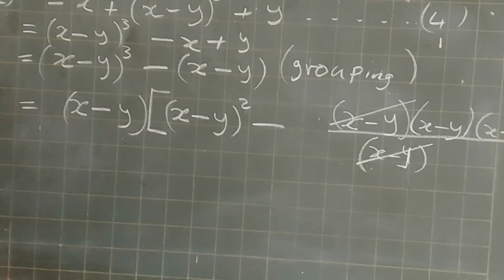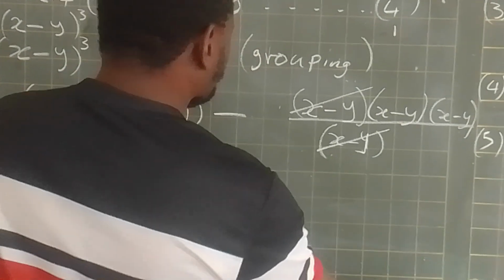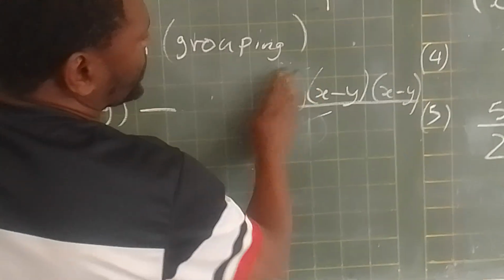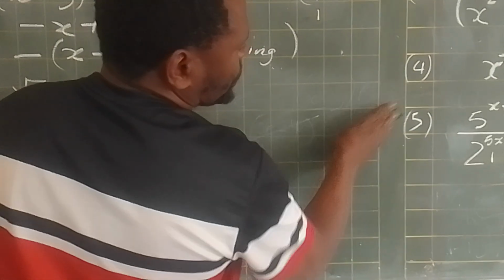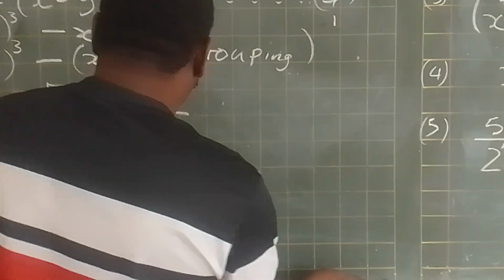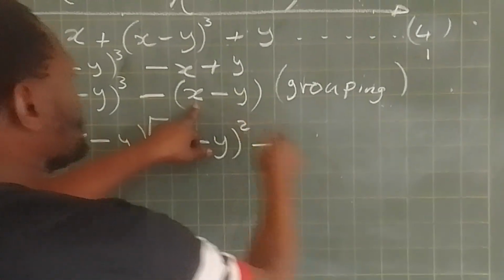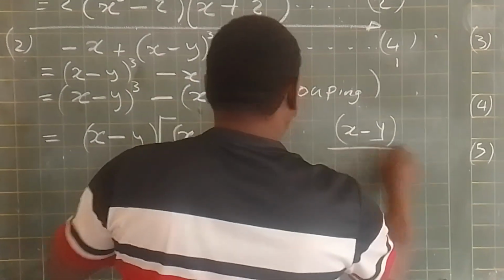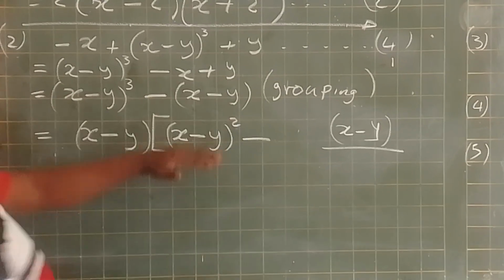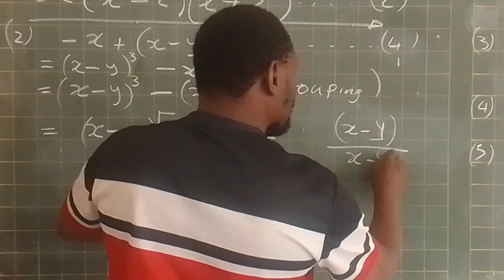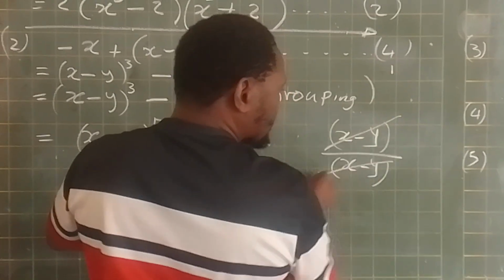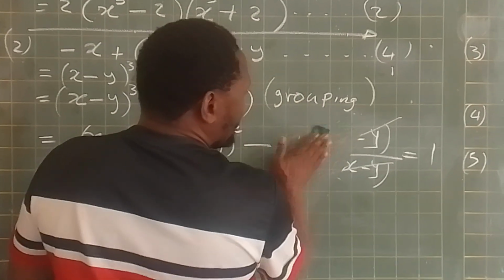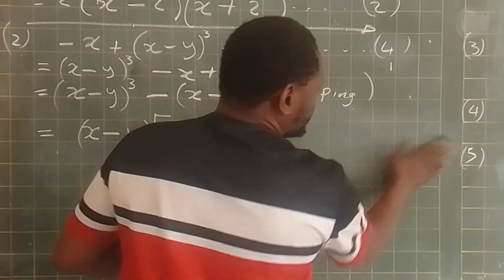You do the same here: you take out the common factor of x minus y, you cancel, and you are left with 1. Hence, we have our 1 here.